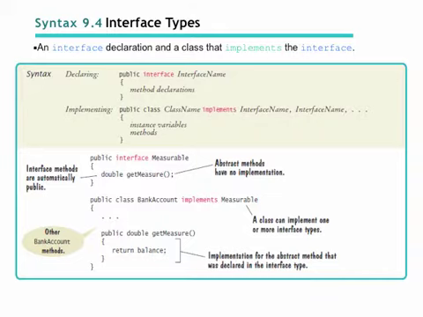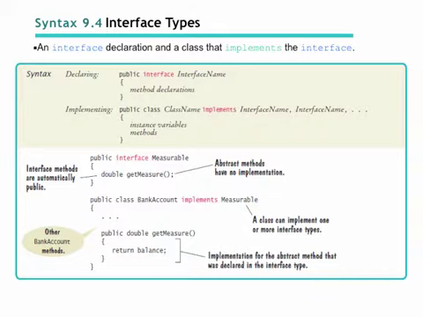When we implement the interface, we say public class, class name, and then if the class extends any superclass, you put extends first, so extends superclass first, and then implements. You can implement any number of interfaces. Typically, we just implement one, but you could implement several if you wanted to, just separating the interface names with commas.